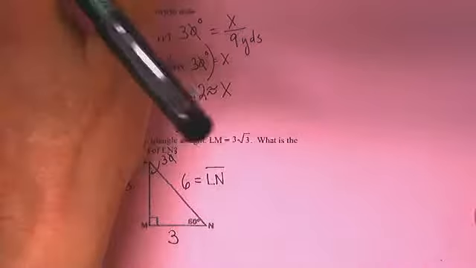Our last problem. Viola drives 12 meters up a hill that makes an angle of 6 degrees with the horizontal. To the nearest tenth of a meter, what horizontal distance has she covered? Well, I'm looking for this horizontal distance.